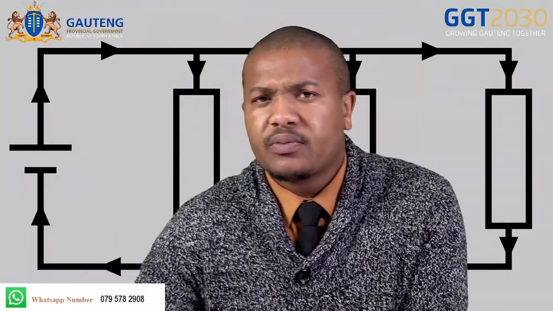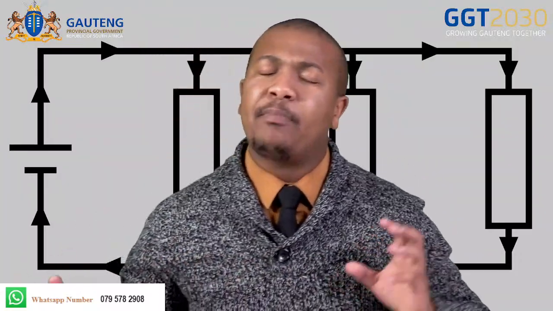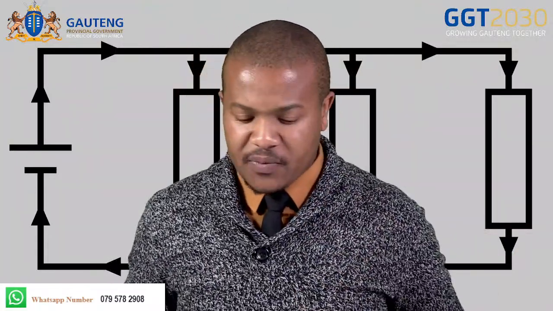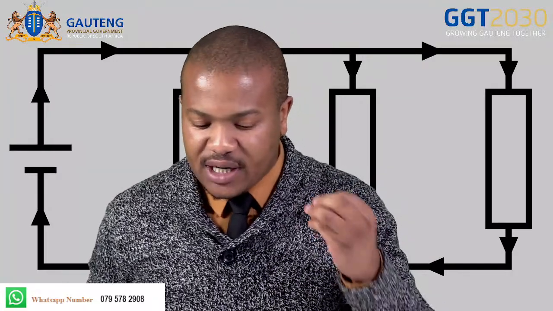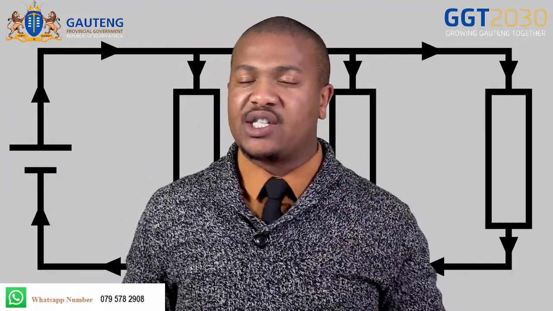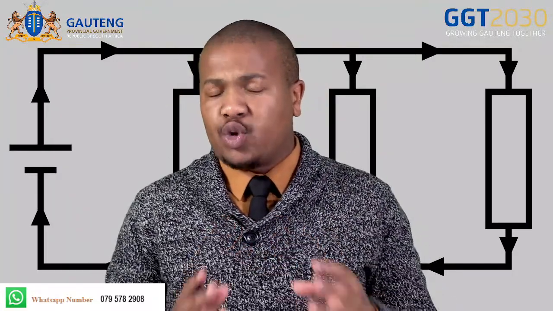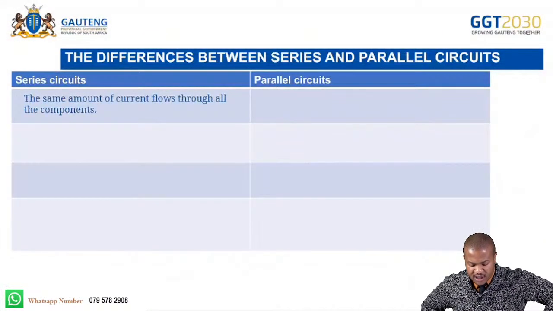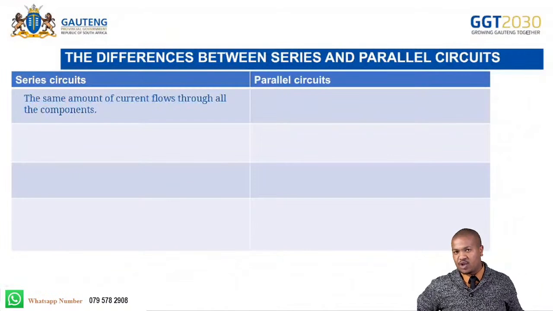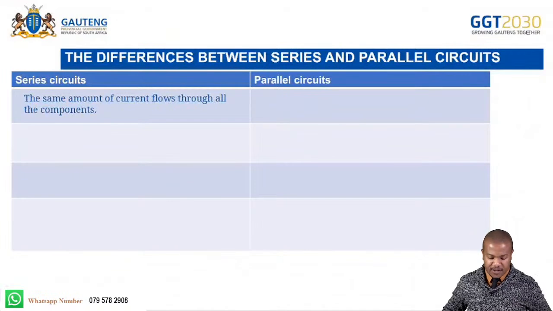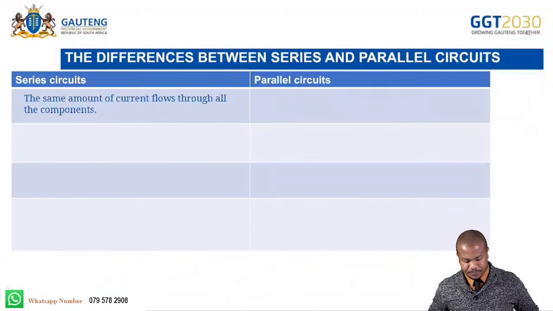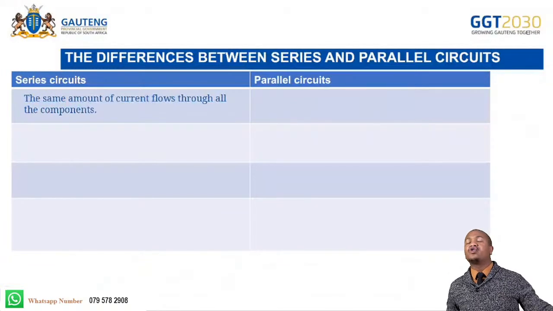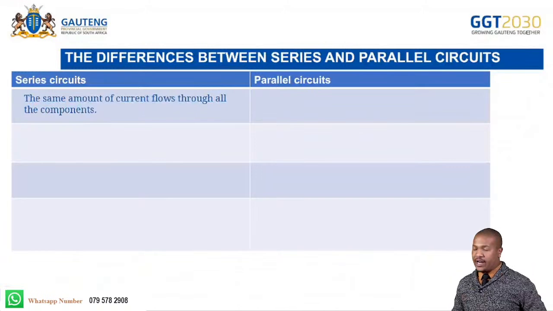So now, let's compare between series and parallel circuits, right? Let's look at the differences between series and parallel circuits so that we are able to distinguish between the two, right? So now, we have a table here of series and parallel circuits that we're going to use to compare, right? So in a series circuit, the same amount of current flows through all the components, right?